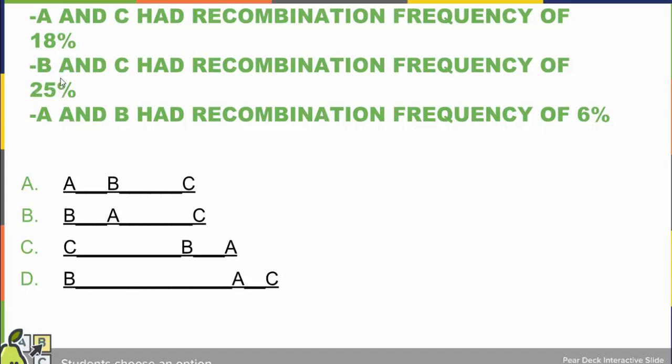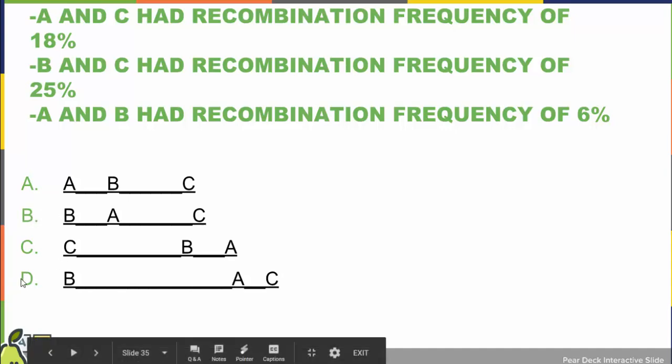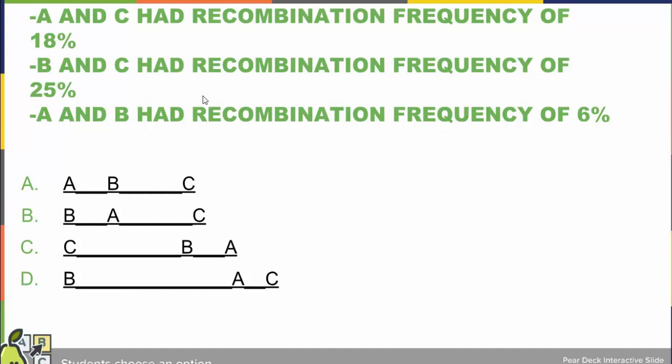Our choices here are 18, 25, and 6. So 25 is the biggest we see. So we want to make sure B and C are as far apart as they can be. So that means we're going to narrow it down to either choice B or choice D, because that puts B and C far apart.